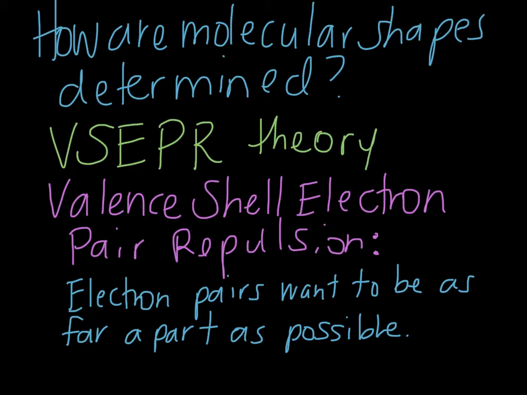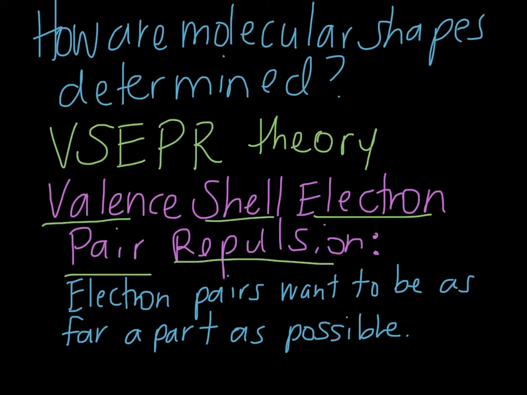Okay, so molecular shapes are determined by what is called VSEPR theory. VSEPR stands for valence shell electron pair repulsion. The valence shell electron pairs are the electrons that are involved in bonding. And so the key word is repulsion.